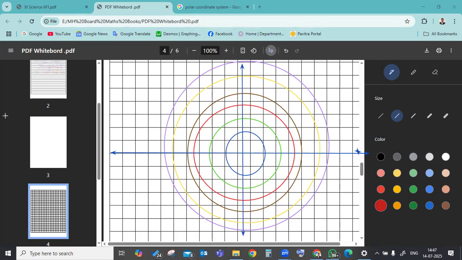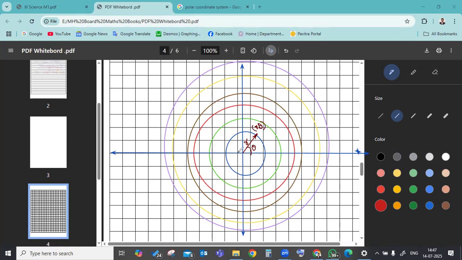Now see, suppose the terminal arm of the angle is here. See, the terminal arm is this one. Then it is inclined through an angle theta, and this distance is r. So the location of this point is r, theta. Right?